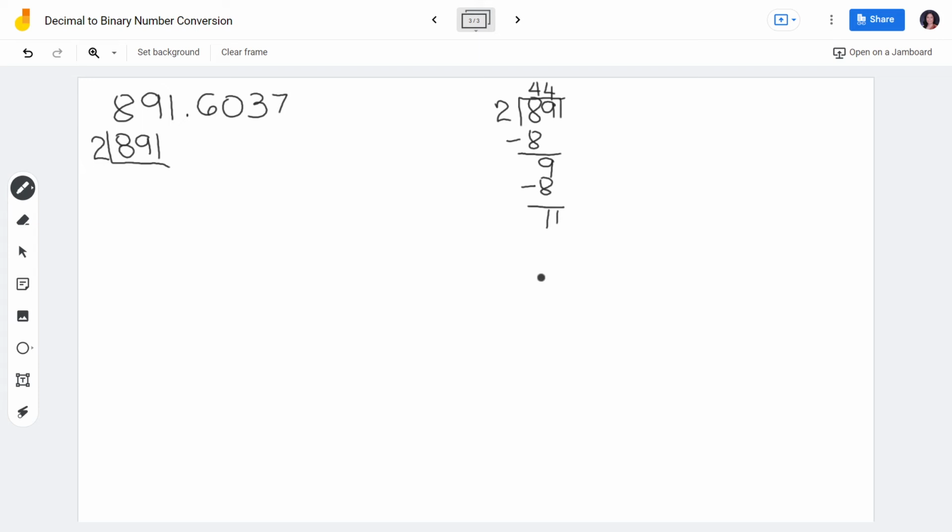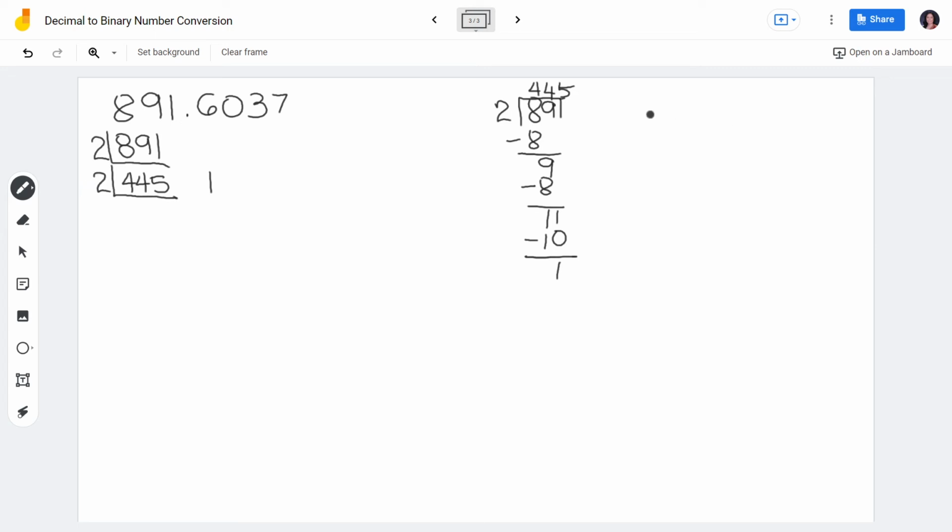So 11 divided by 2 is 5, 5 times 2 is 10, 11 minus 10 is 1. So we have 445, remainder 1.